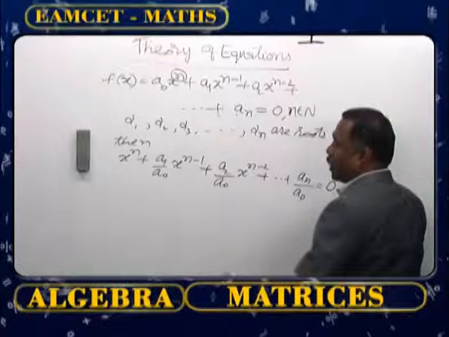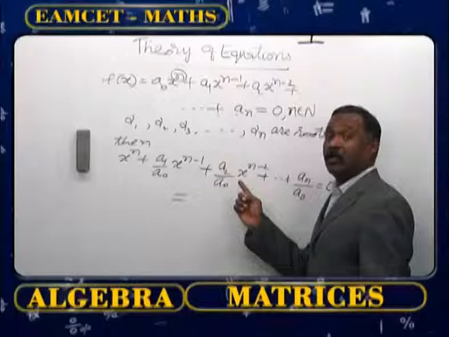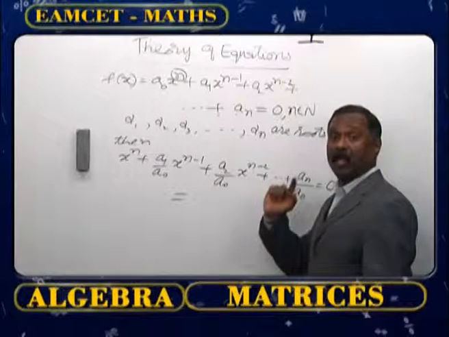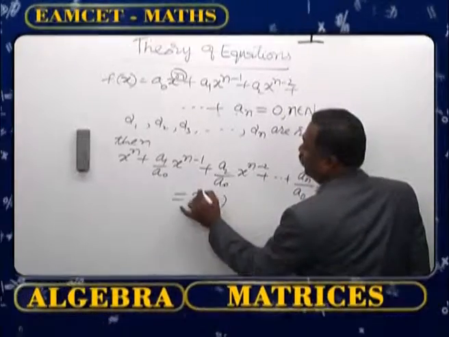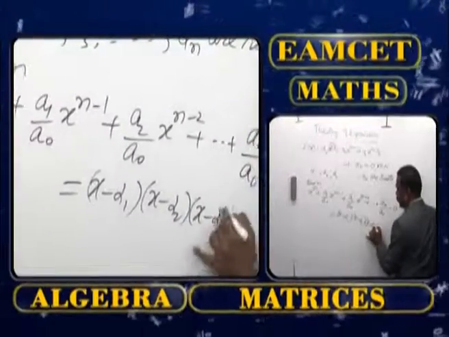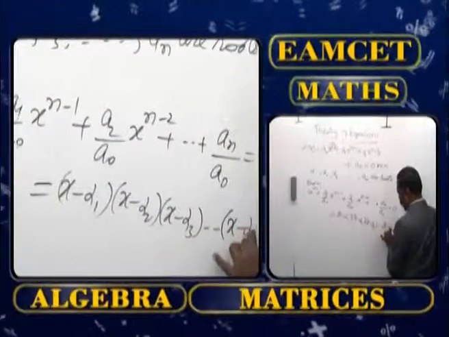Now after making it like this, its roots, which I have taken to be alpha 1, alpha 2, alpha 3, and so on, alpha n, mean it can be written as x minus alpha 1 into x minus alpha 2 into x minus alpha 3, and so on, x minus alpha n.